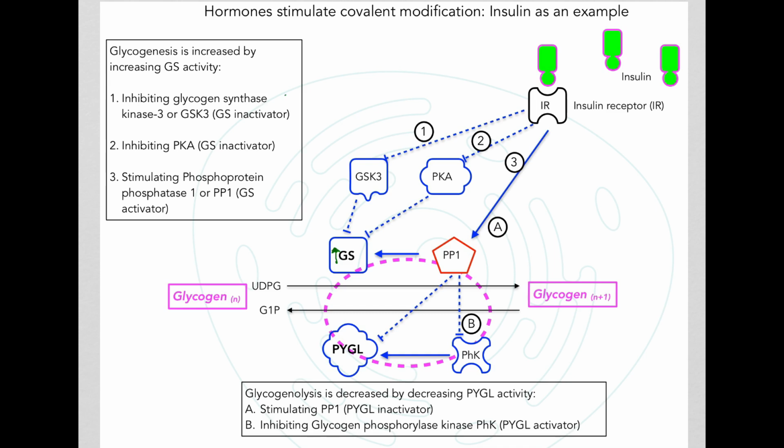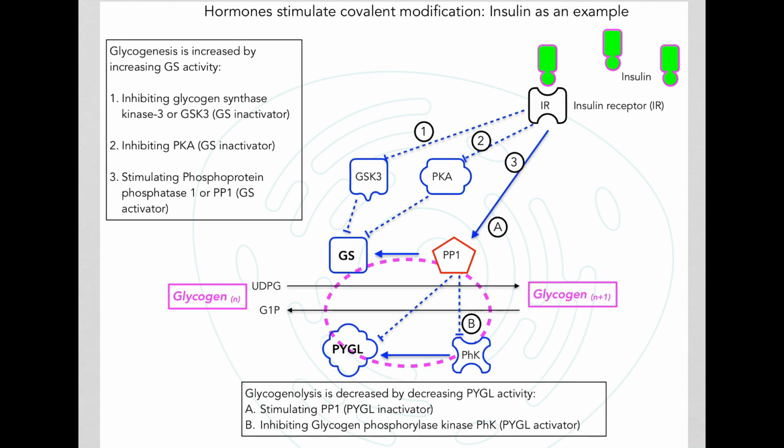One is inhibiting the inactivator for glycogen synthase, which is GSK3. So this is an inactivator of GS. So by inhibiting this inhibitor, this enzyme activity is going to increase and glycogen synthesis will therefore increase.